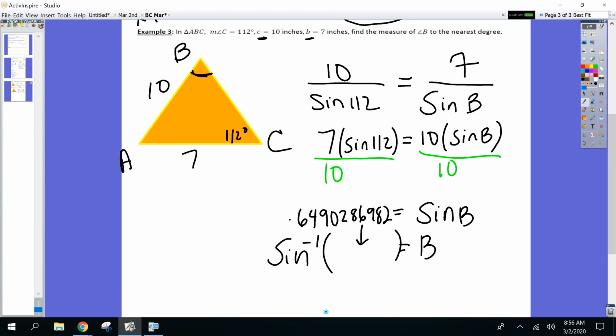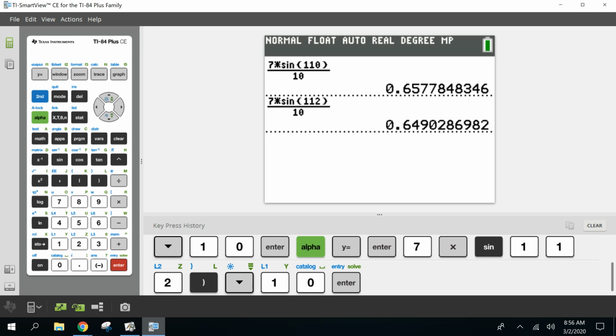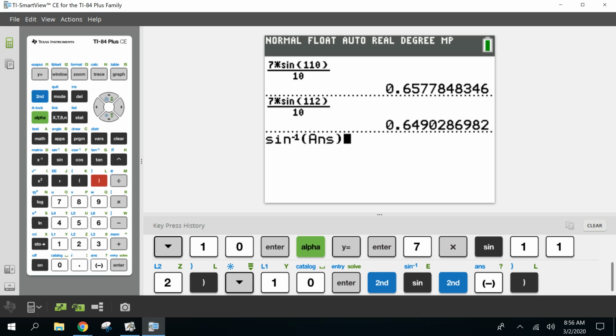I'm going to do the inverse of sine. Everyone remember that? You need to find an angle, got to use the inverse. So I just go back to my calculator, inverse sine. You can copy paste it, or you can also do second negative, which just brings up the previous answer. If you can't copy paste, there's the way around it.